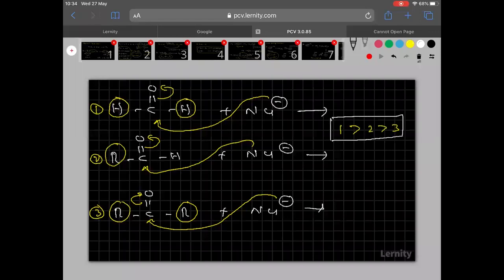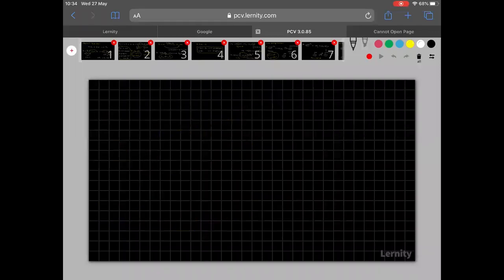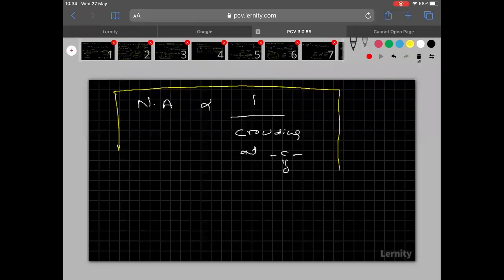Are you followed, everyone? So now can I come to a conclusion that nucleophilic addition is inversely proportional to the crowding at C double bonded O. This is the most important one. Clear? Nucleophilic addition is inversely proportional to the crowding at C double bonded O.